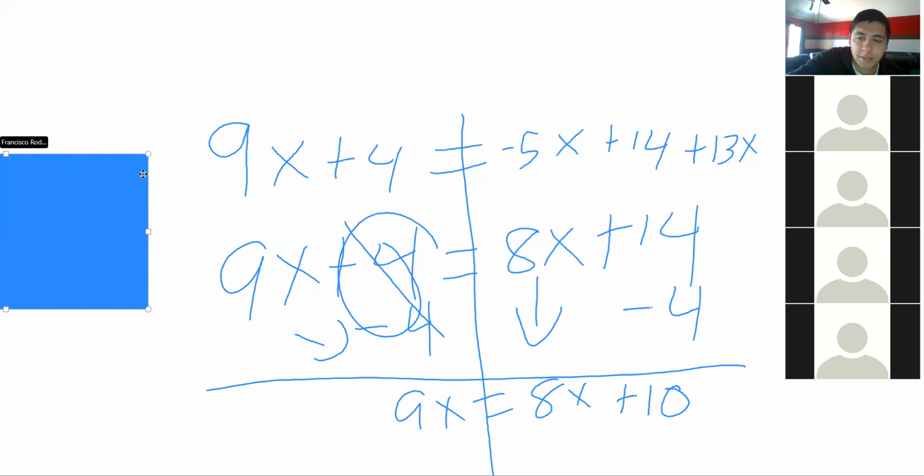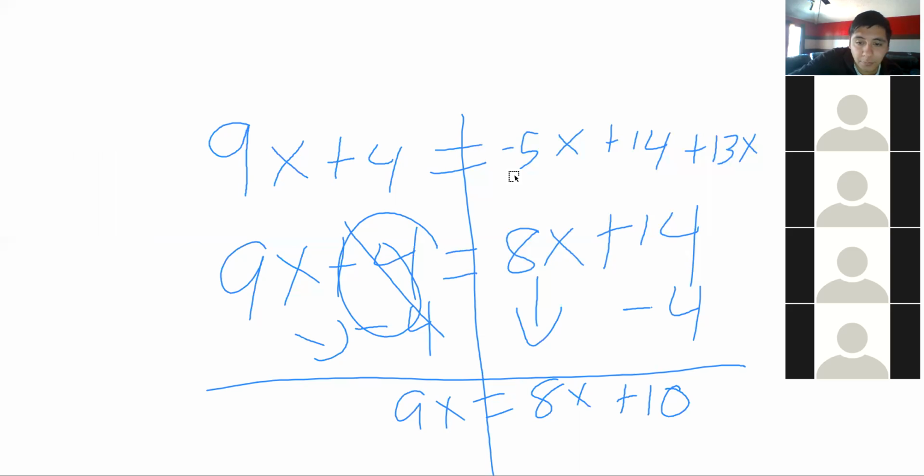What do we want to do after this? 8x minus 9x. Actually, 9 is the one that is by itself, right? So to keep it by itself, we need to move 8x, okay? So how would we move 8 to the other side?